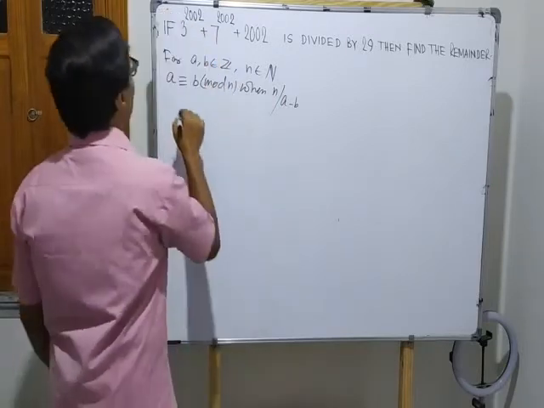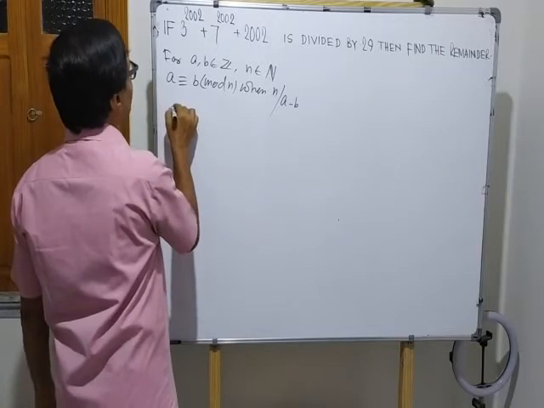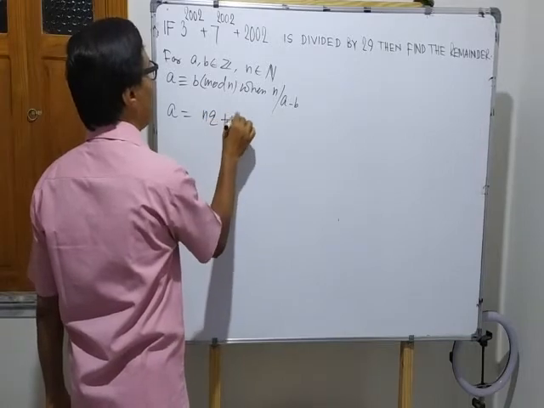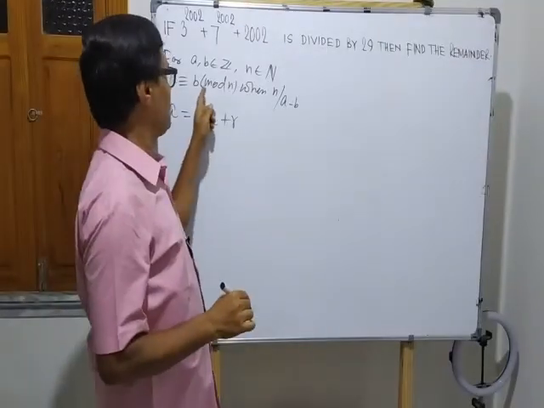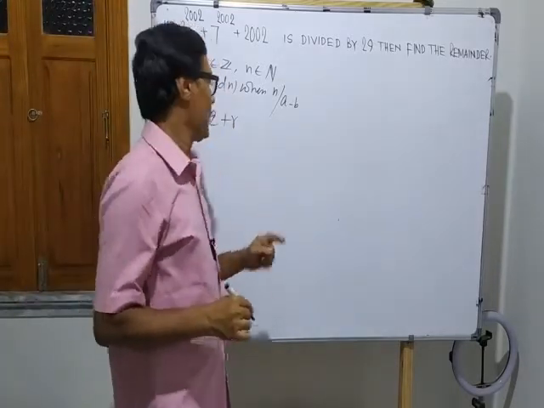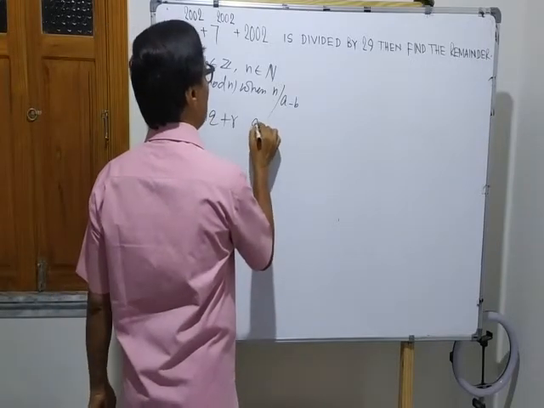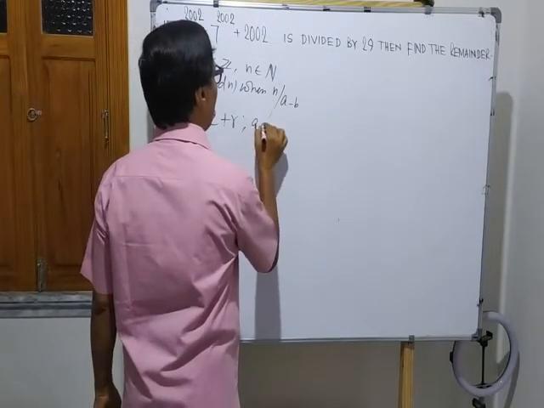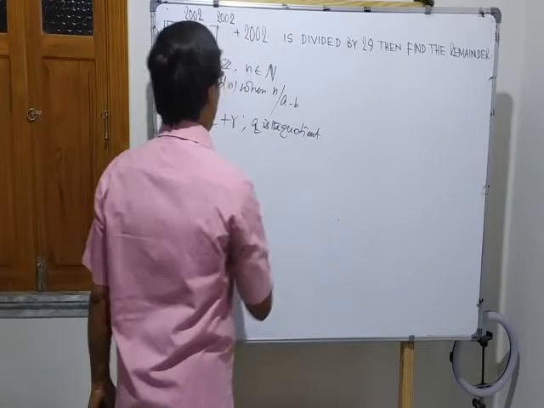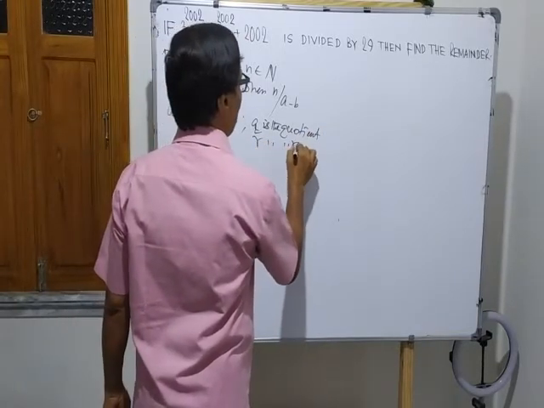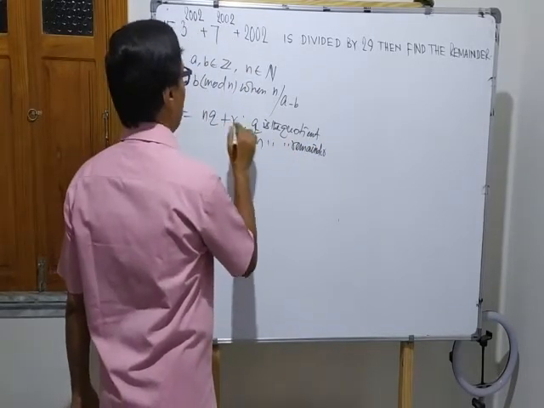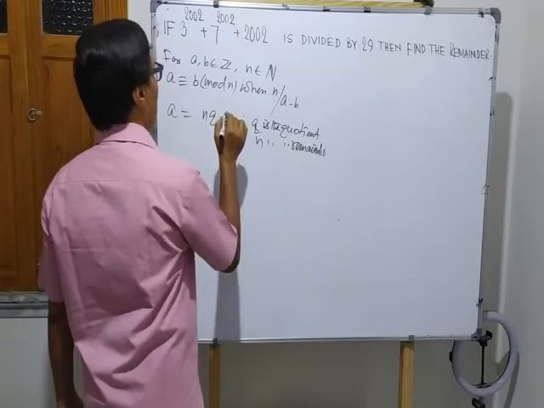It can also be written as a equal to nq plus r. These are equivalent. Here q is the quotient and r is the remainder. Here the remainder is b.